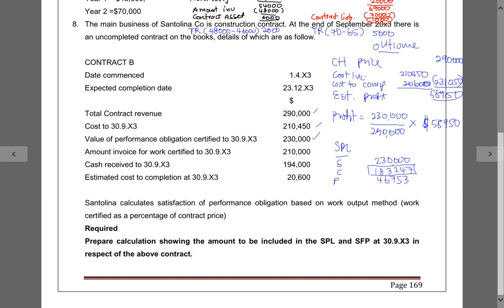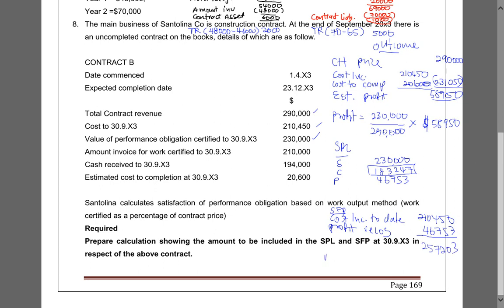After that, the SFP. Cost incurred to date 210450. Profit recognized to date 46753. So the cost incurred plus the profit recognized, I can bill this much, 257203.